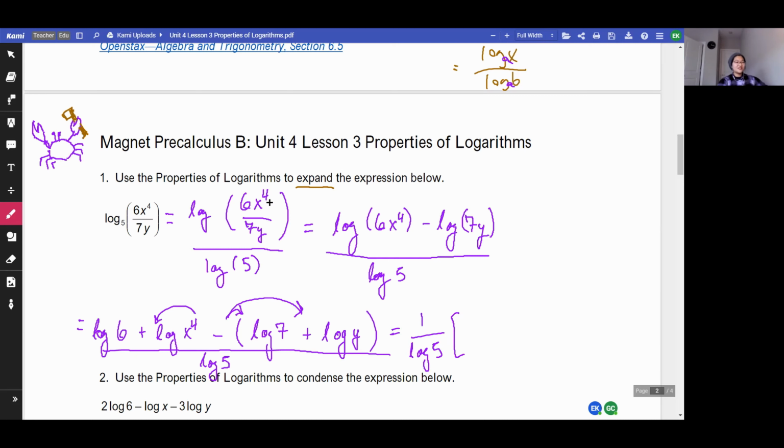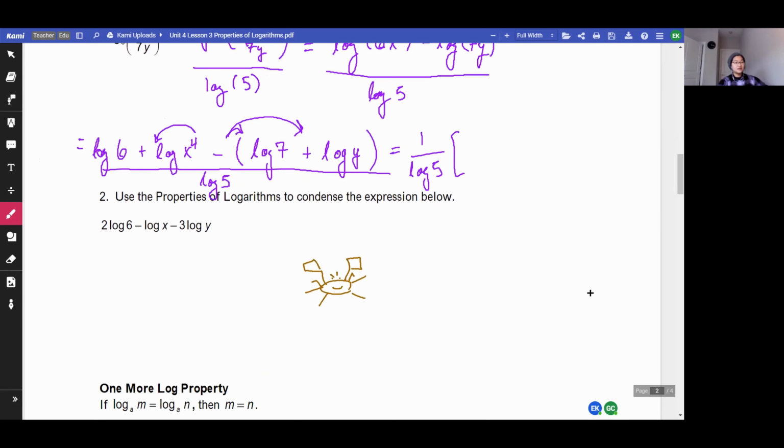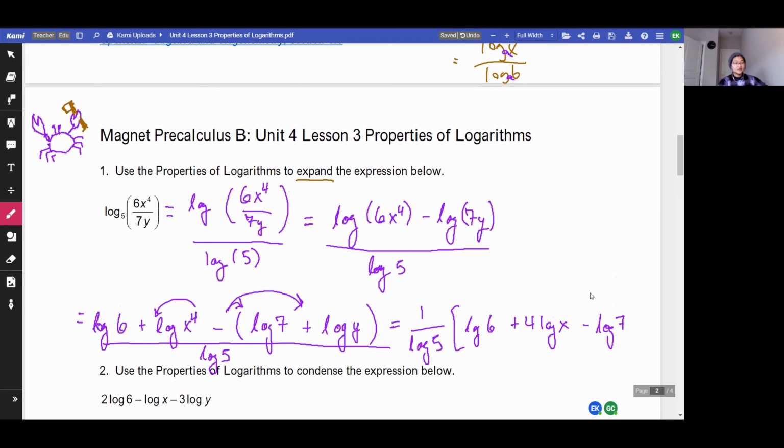And we have log of 6 plus 4 log of x minus log of 7 and minus, it's very squished now, minus log of y. That happens. Okay. And there's just enough room to not do the change of base, but you did the change of base like a pro. Just did it up top.